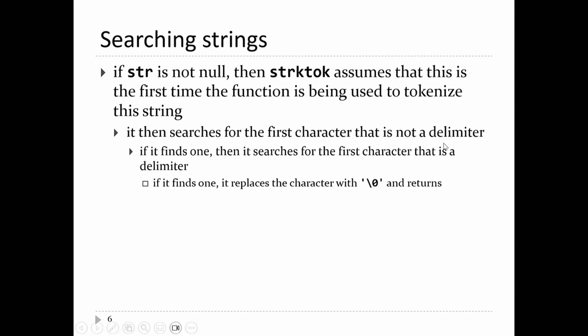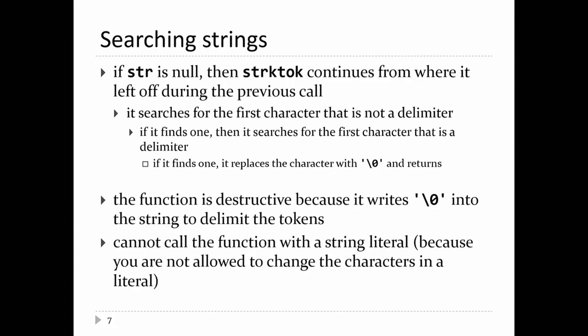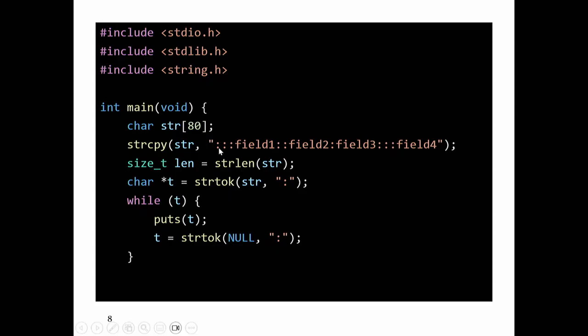If it finds one, then it searches for the first character that is a delimiter. So here's an example. This one I'm going to split at the colons. Here there's 4 fields, or 4 tokens: token 1, token 2, token 3, token 4. Repeated delimiters are considered to be one delimiter.